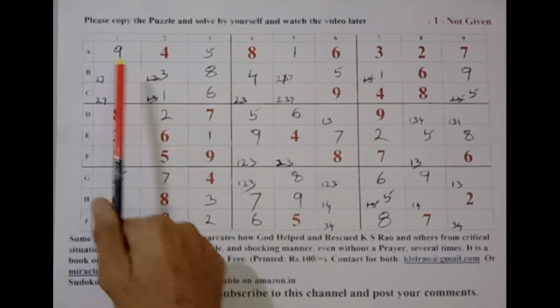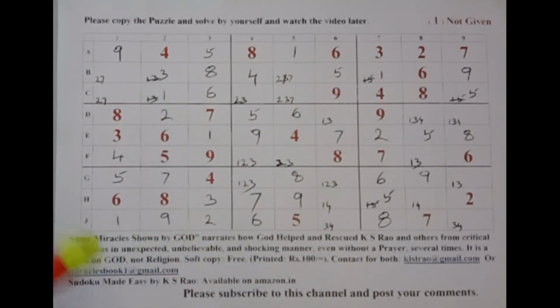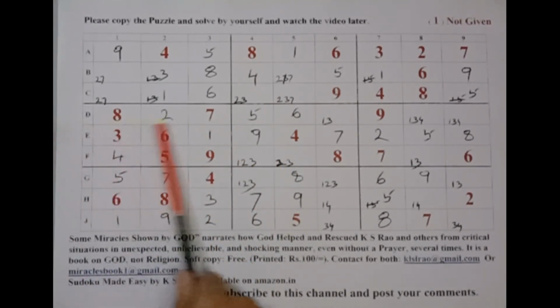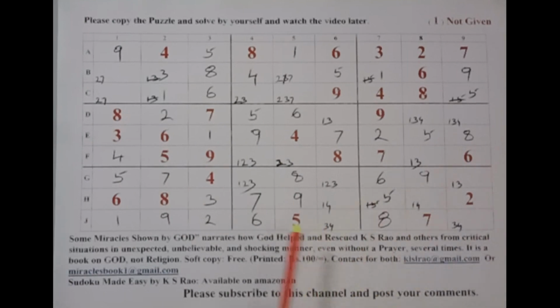Okay, so it is a pair of 2 and 7 in row B. Okay, and in row D we have 1, 3 and 4. E is completed. F, a trio of 1, 2, 3. G, 1, 2, 3 again. H, a pair 1 and 4. J, another pair 3 and 4.